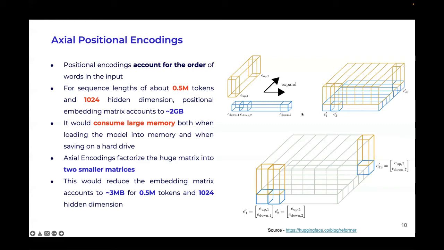In axial positional encoding, they factorize this whole 49 by 4 matrix into 7 by 1 and 7 by 3. The bottom layer has been made into a separate matrix, and the top 3 vectors are made into another matrix. I'll show the visualization in the code once more.